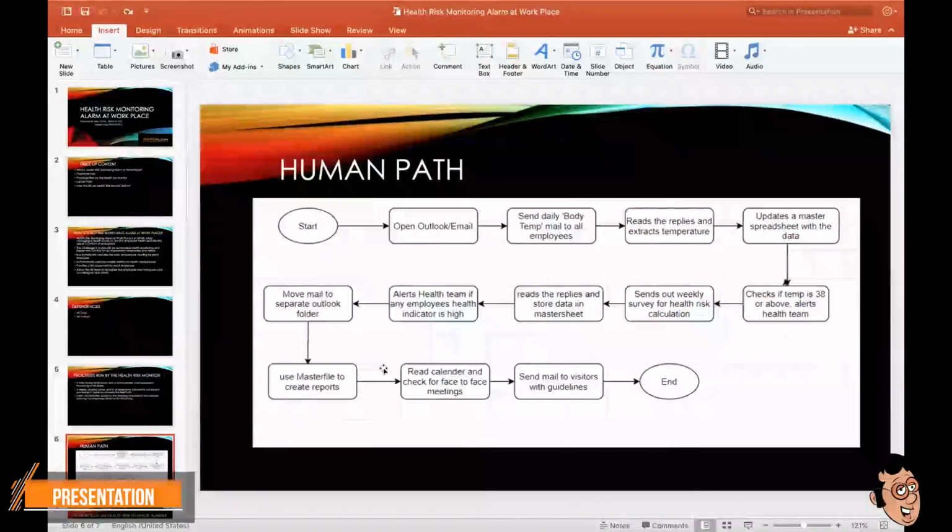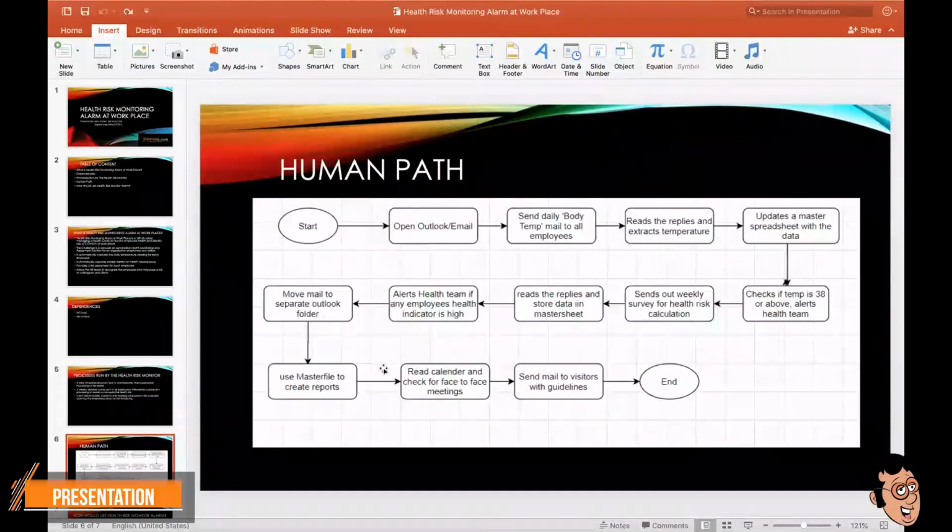So here we have a human path for it. How are we processing with the bot? Initially, we want the bot to have access to the Outlook email.